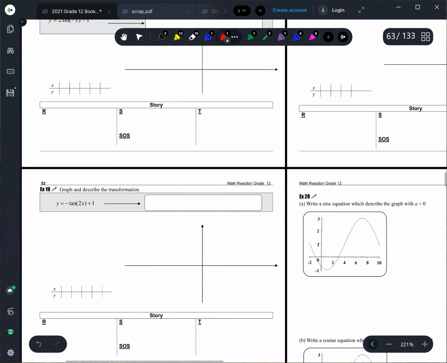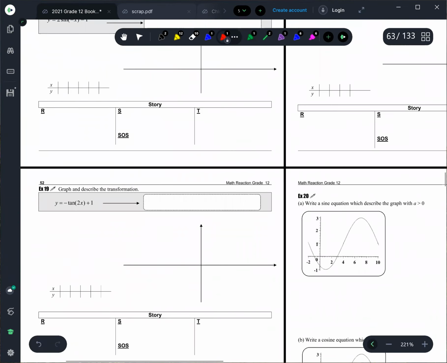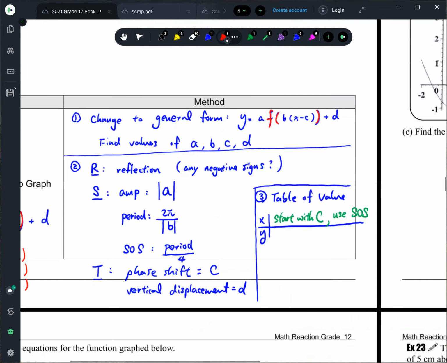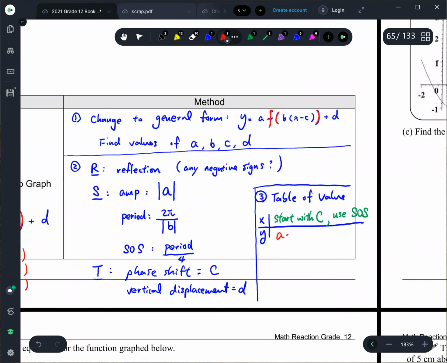Okay, so for the Y values, not only do you multiply by A, it'll be A times the Y, and then you add the D. So if D is negative, it will make it go down, subtract.